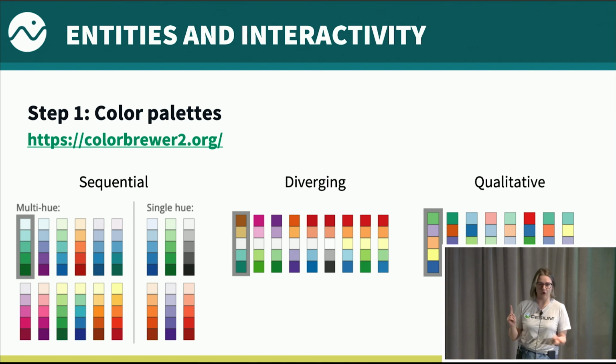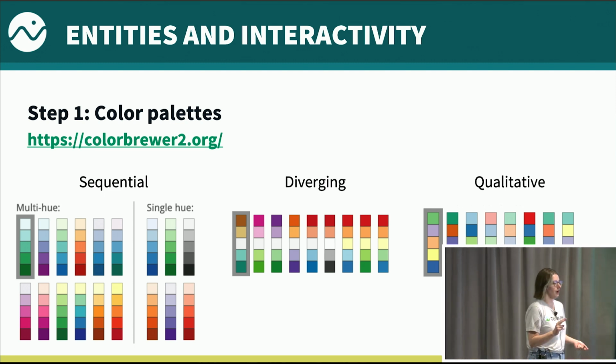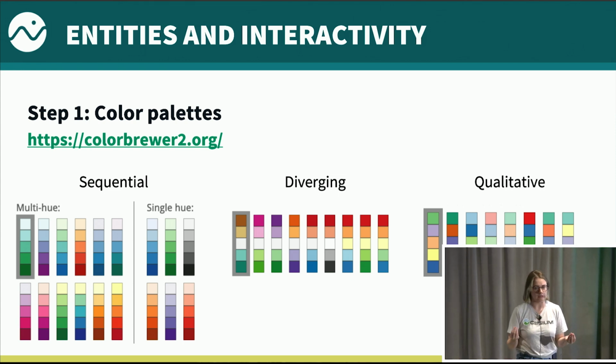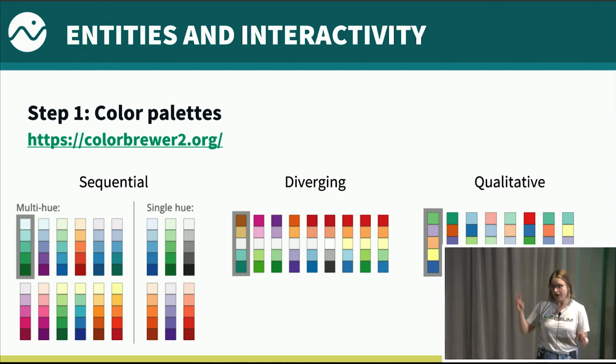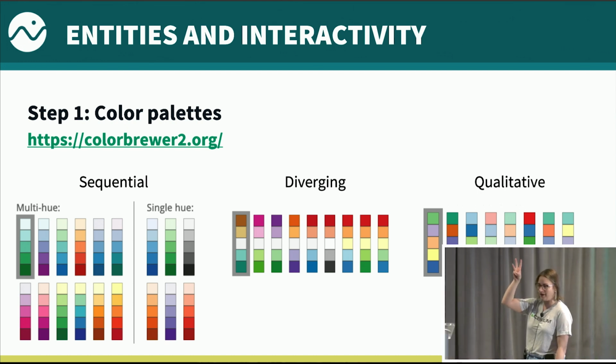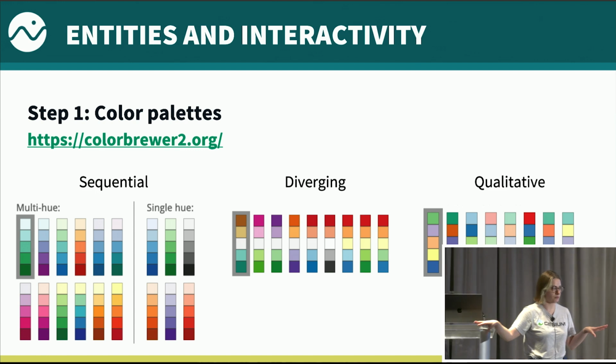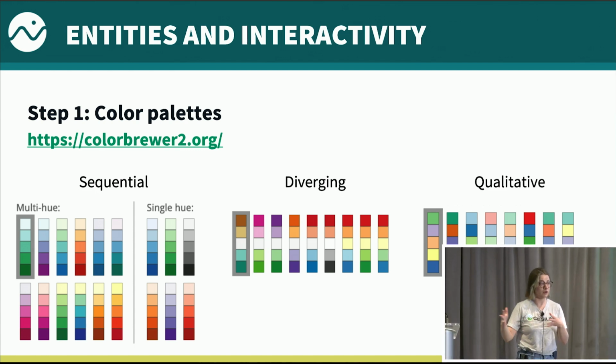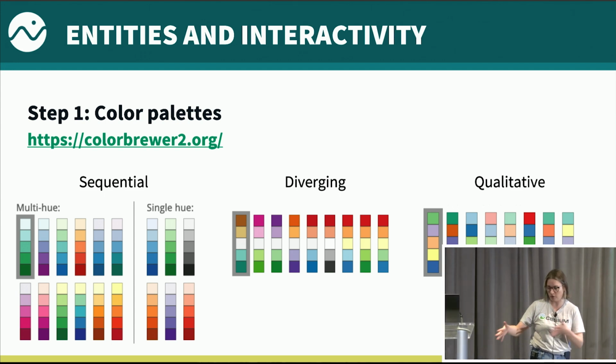A lot of them are colorblind accessible and otherwise print accessible, so it's a great resource for pulling different colors that you can use. Namely, though, there are 3 different types of palettes that she groups things in, and these are a great way, depending on your use case, to pull different palettes.